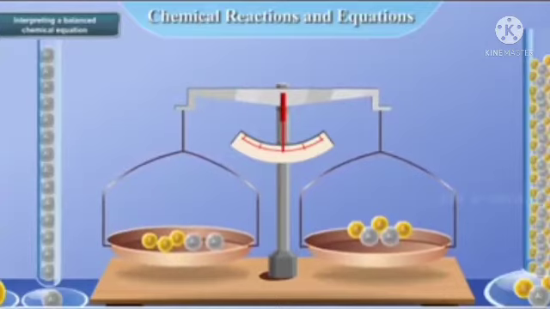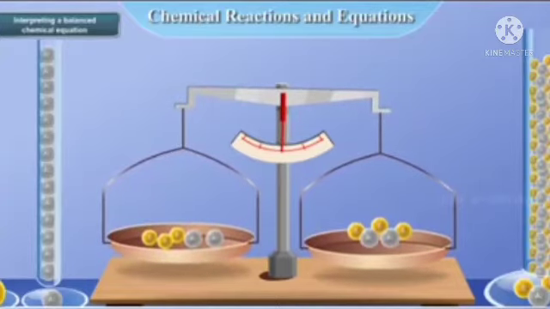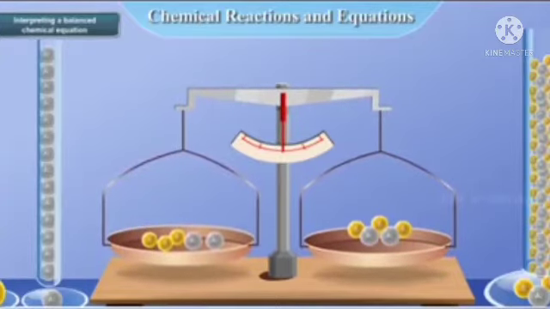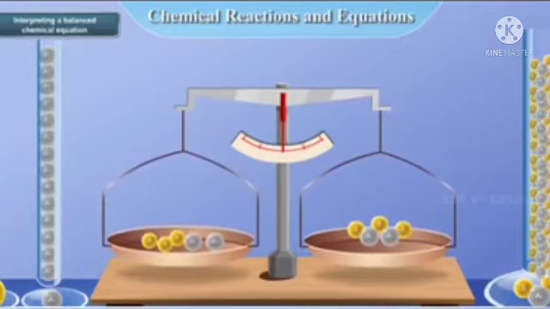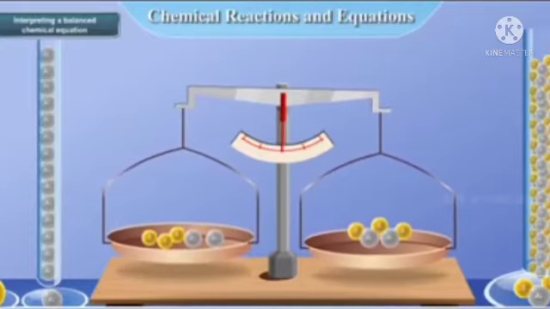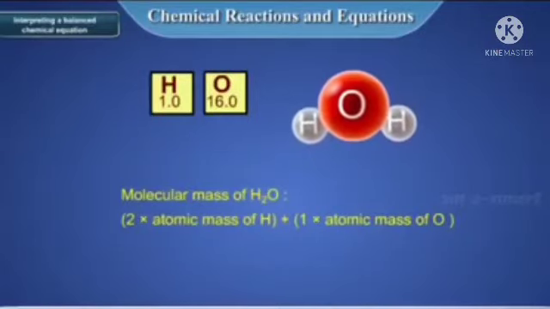If gases are evolved, we can equate their masses to their volume and calculate the volume of those gases liberated at a given condition of temperature and pressure using molar mass and molar volume.